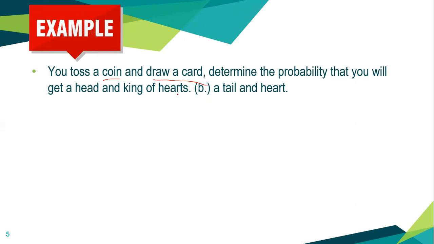Tama ba? So unahin nating sagutin, ano daw yung probability that a head and a king of hearts ang iyong magagawa doon sa dalawang experiment. So dito, yung coin natin is a fair coin. Kapag walang sinabing unbiased coin, we will assume that the coin used is a fair coin. Okay?